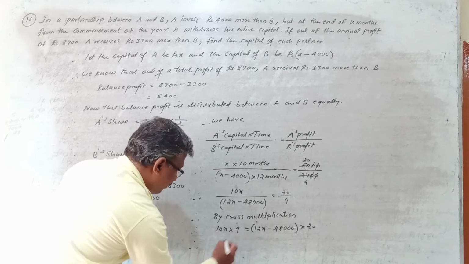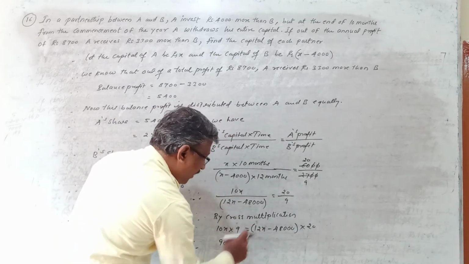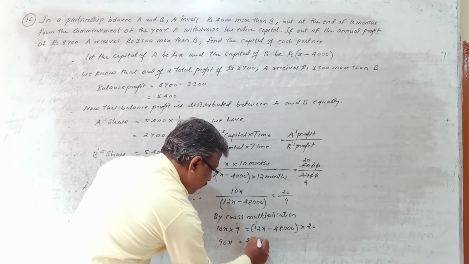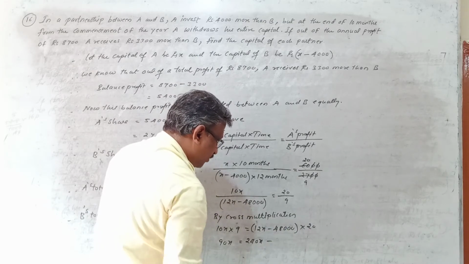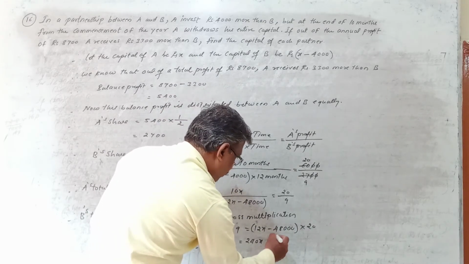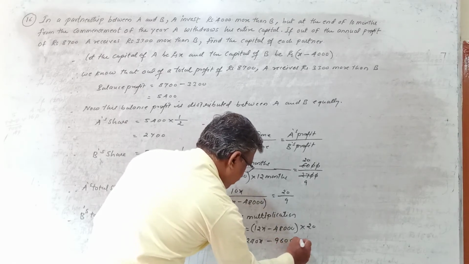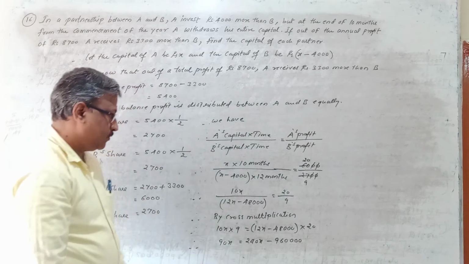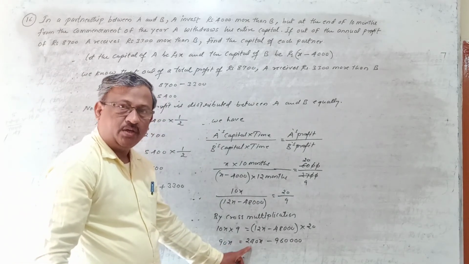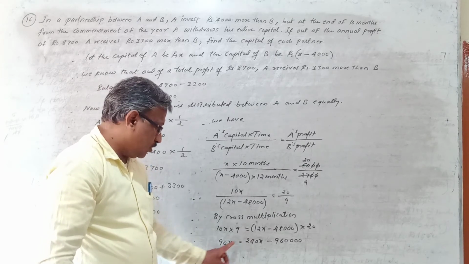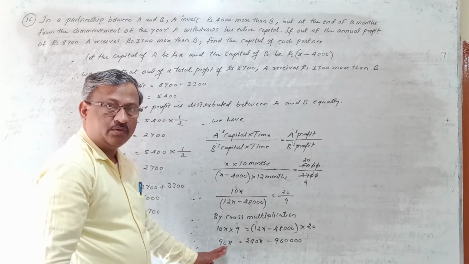So 10x into 9 gives 90x, equal to 20 into 12x, which gives 240x, minus 48,000 into 20, which gives 9,60,000. Now x is there on both sides. To solve for x, what I will do is bring this 240x to this side.